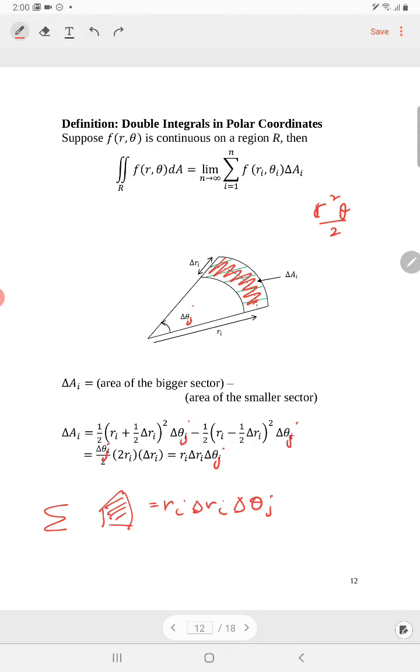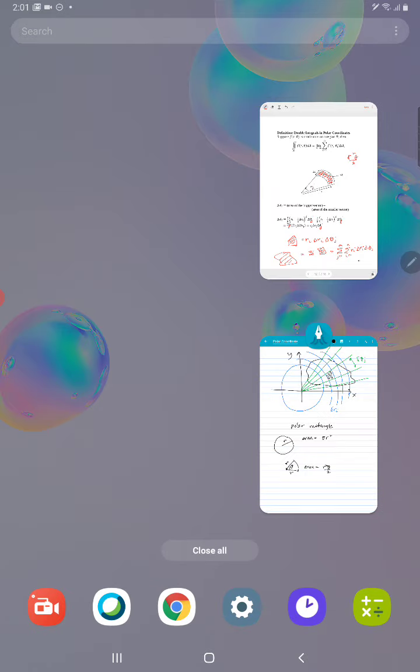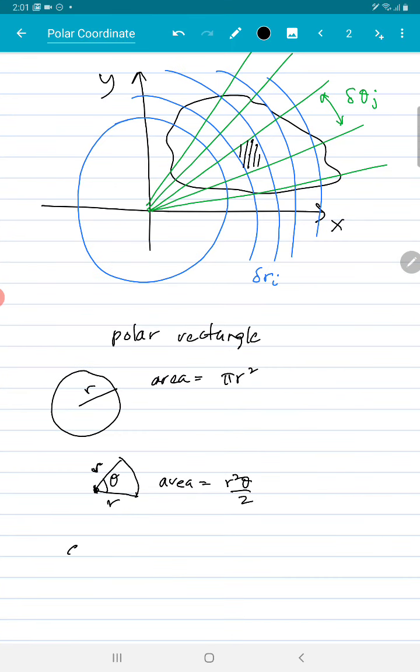So the area of the whole thing is going to be summing up the area of the wedges, which is really summing up ri delta ri delta theta j, i from 1 till n, let's say j from 1 till m, and then doing that we end up with dA.